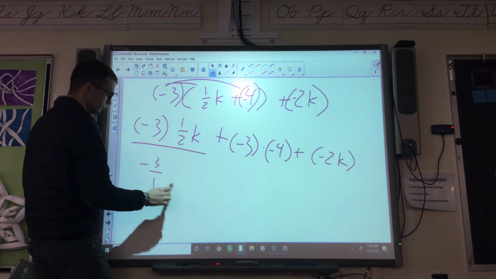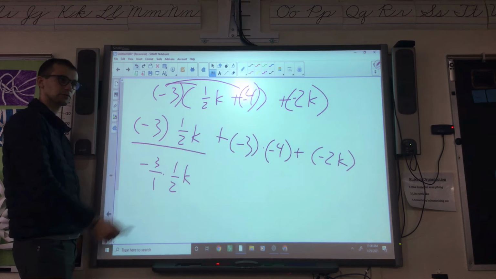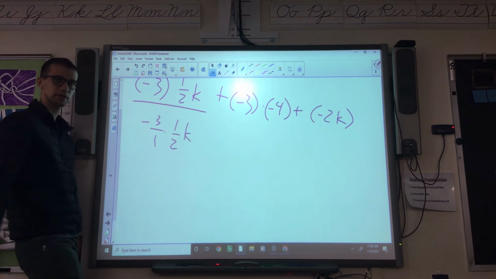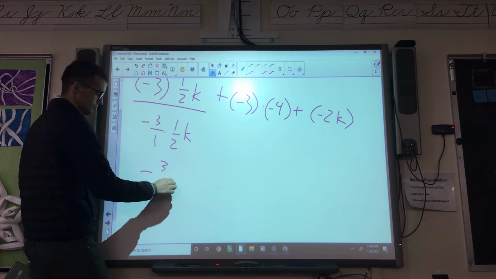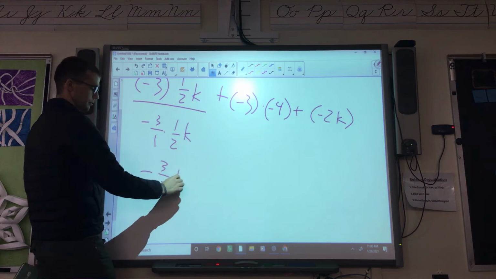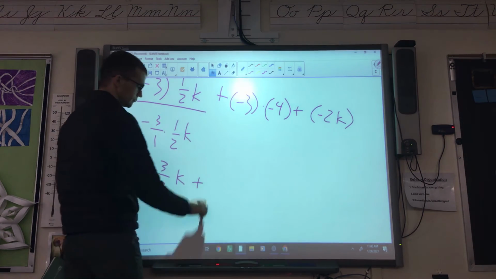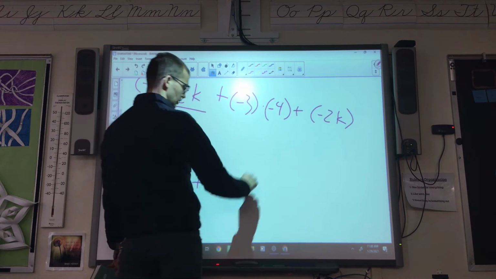Anything you can cancel out? No. Is the answer positive or negative? Negative. Negative 3 over 2, and keep the k. Negative 3 times negative 4 is negative 12? No, a negative times a negative is positive 12. Plus negative 2k.